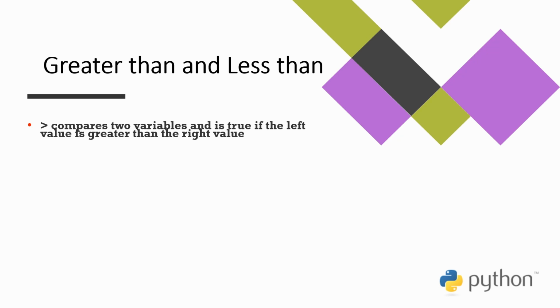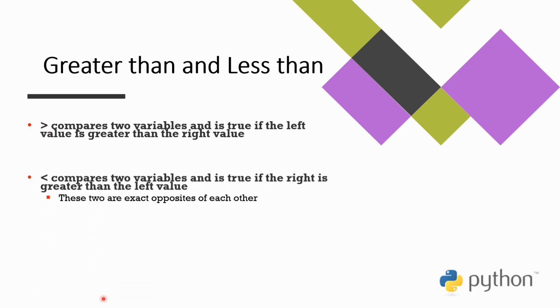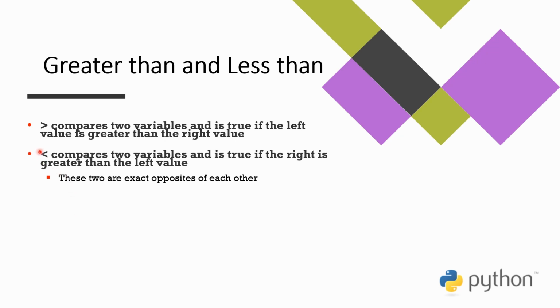That is, of course, if it is this one. Now, if it is this one, it compares two variables and is true if the right is greater than the left value. And these two operators are more or less exact opposites of each other.